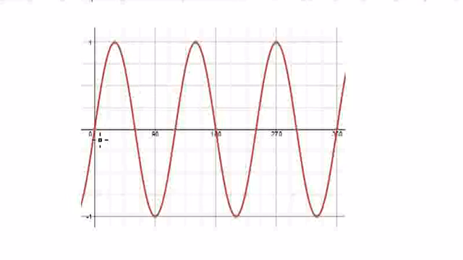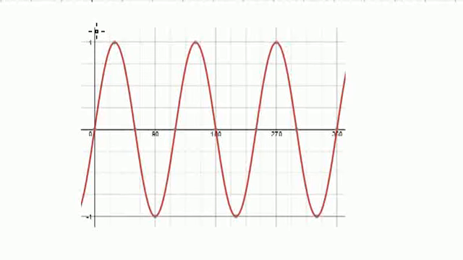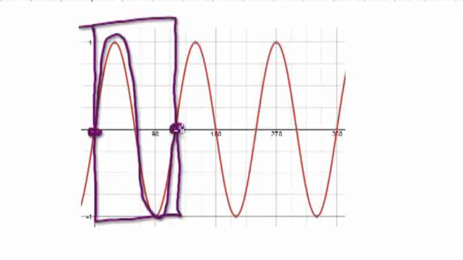From here to here is 360. If we get 360 divided by 3, that would give us this bit here. This here is one period, because look, this is one cycle. So 360 divided by 3 gives us this length here.